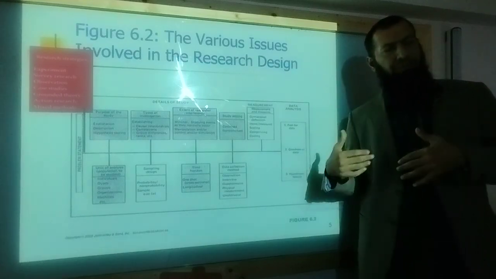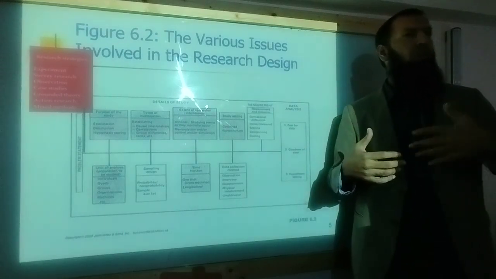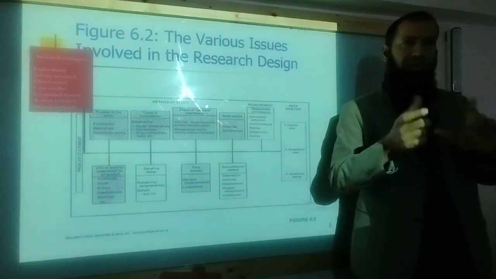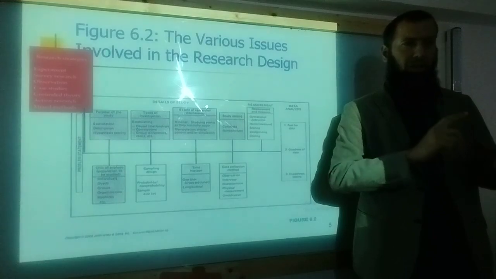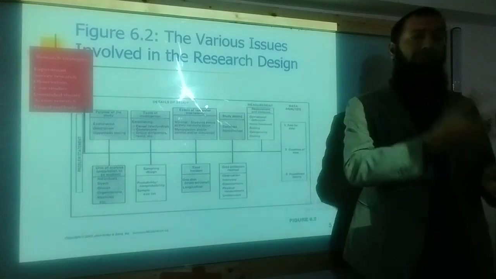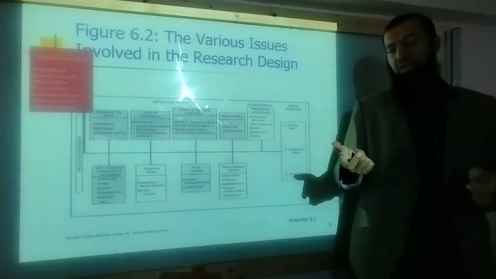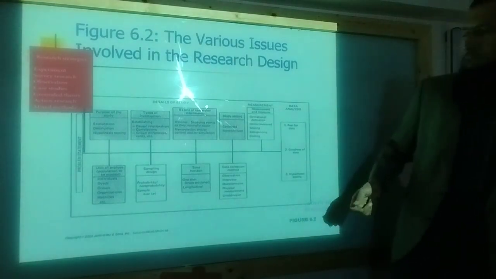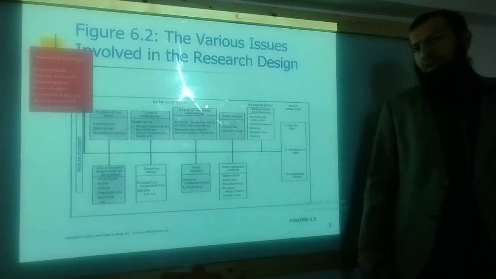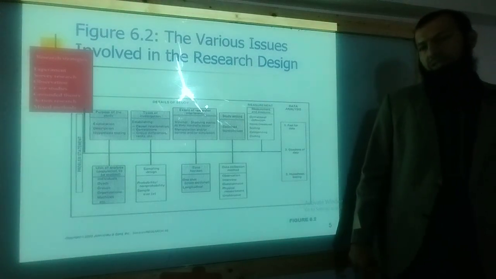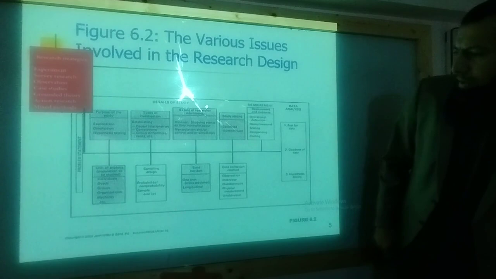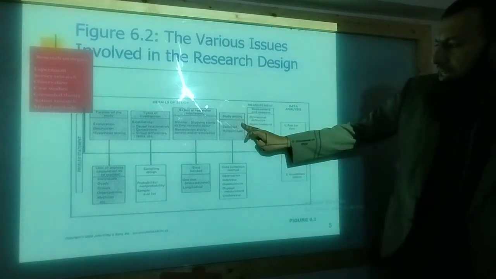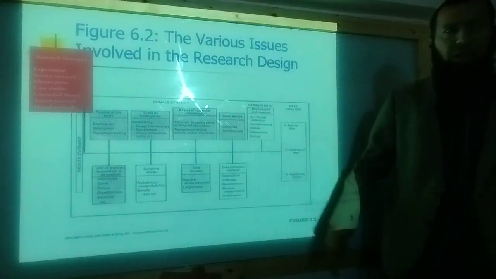When we say we are manipulating or interfering, it means we change the interest rate of different branches, and then we see the saving pattern of the customers. Exactly. So in the study setting, it is contrived or non-contrived.